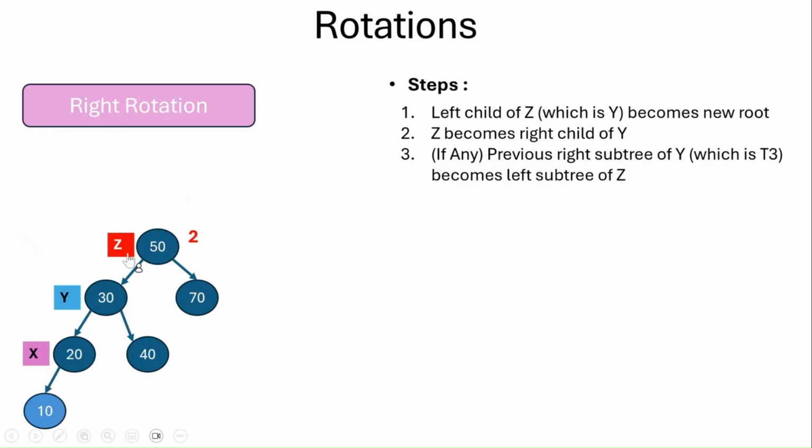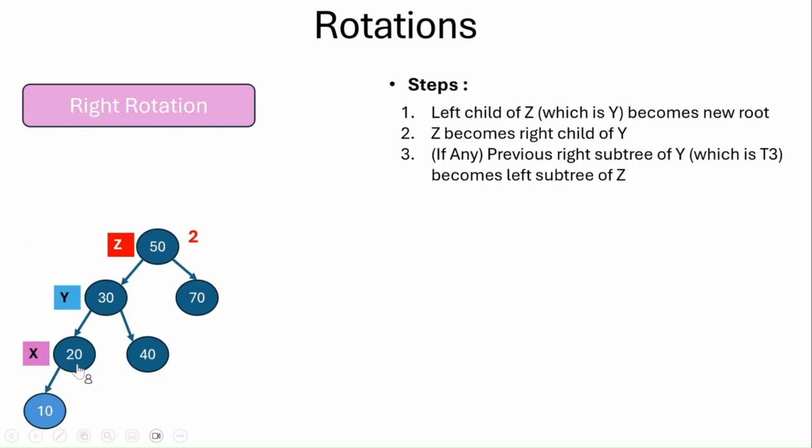So that's why it is Z, which is the root of the smallest unbalanced tree. And Y is 30 because 50 became unbalanced because of the left side. So that's why Y is the root of the left subtree, and 20 is X because the 10 was added as a child of 20.